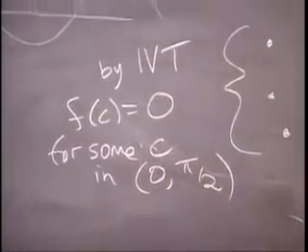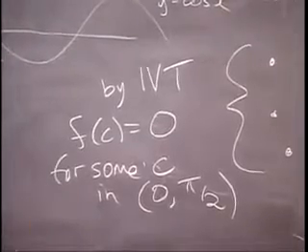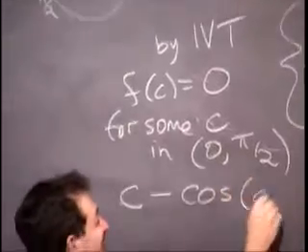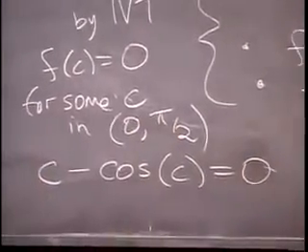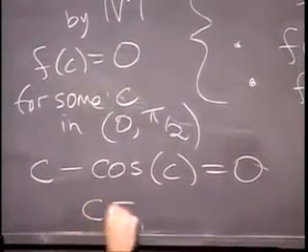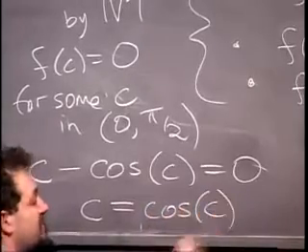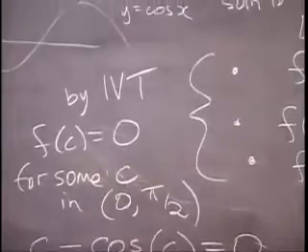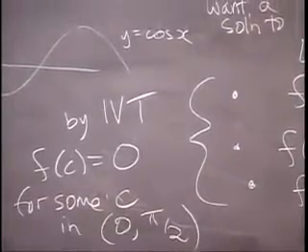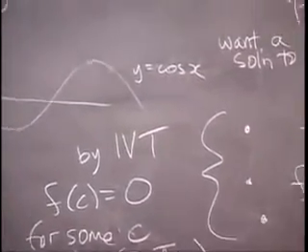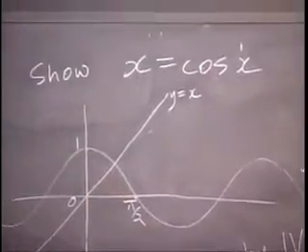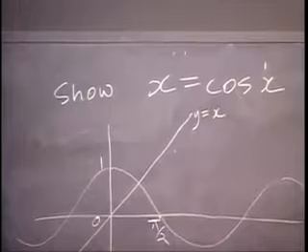Now, just to really emphasize it, if f of c equals 0, that means c minus cosine of c equals 0 for some c, and that means that c equals cosine of c. So whatever this mythical number c is, I mean, it's not mythical, I know it exists, I just don't know what it is. I know it's between 0 and pi over 2. But for this particular number c, that is a solution of the original equation. So there it is in gory detail.